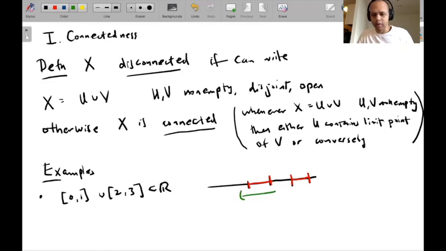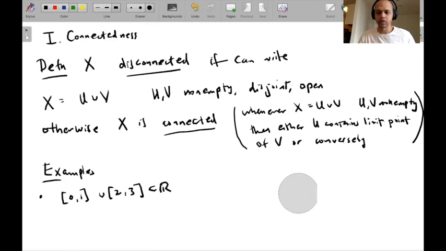Here are U and V, open sets, non-empty, and they're disjoint. And their union... no, this isn't exactly the right way to say it. Sorry, it's potentially going to be confusing.